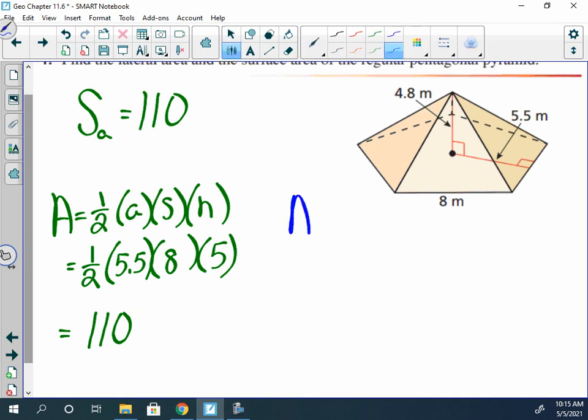Now we need the lateral areas. So that's going to be 1/2 of the slant height, which is actually, if we have this here, 7.3 meters.